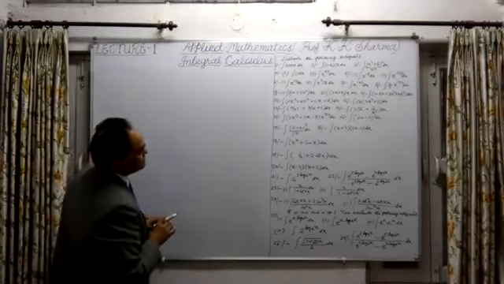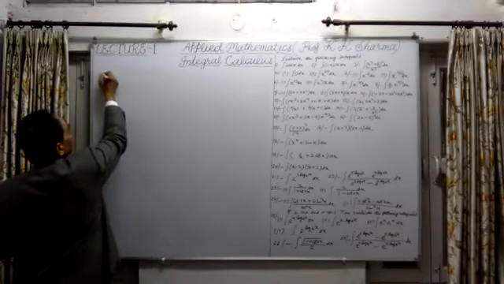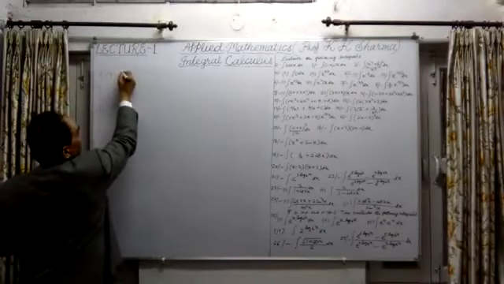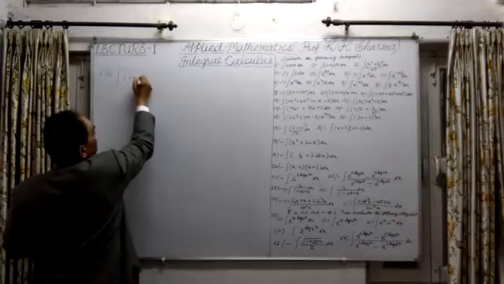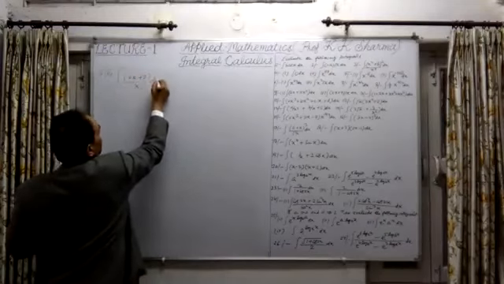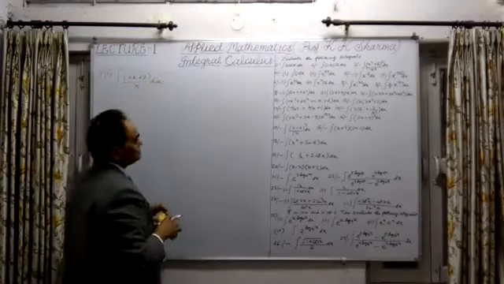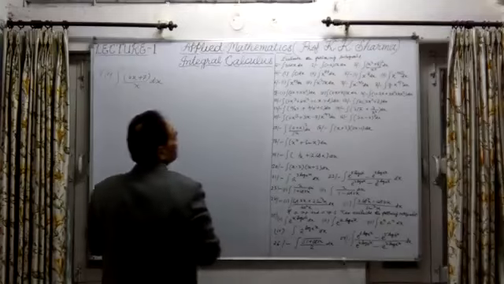Now the second part of the ninth question: the integration of (4x plus 7) upon x into dx.